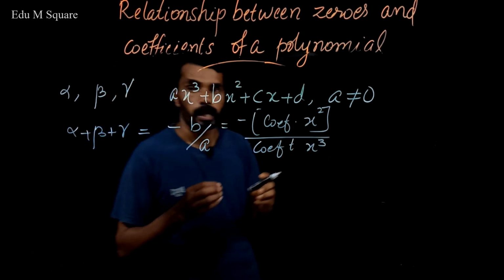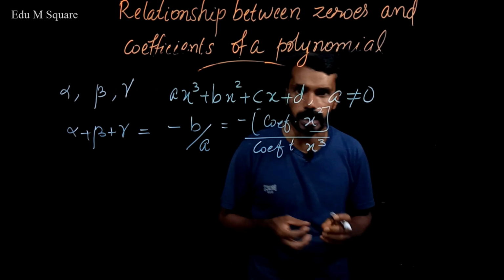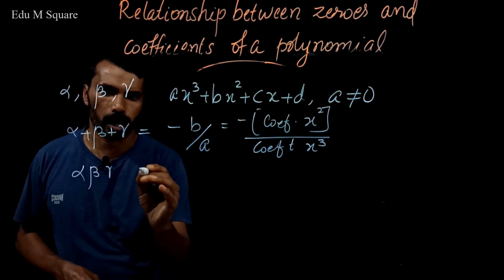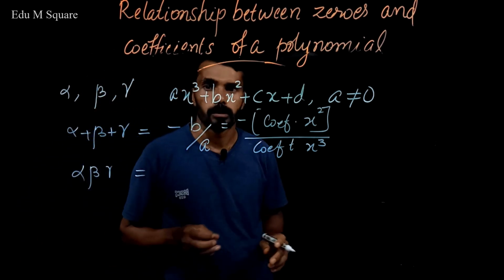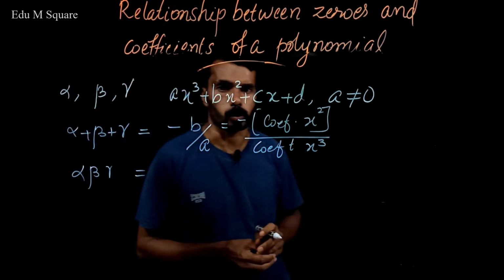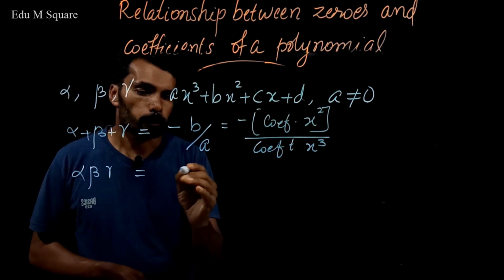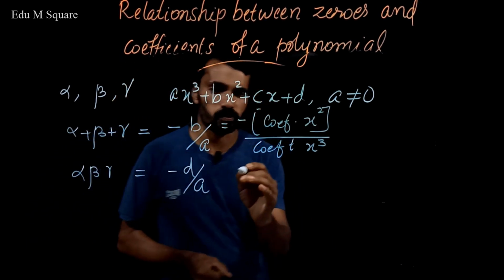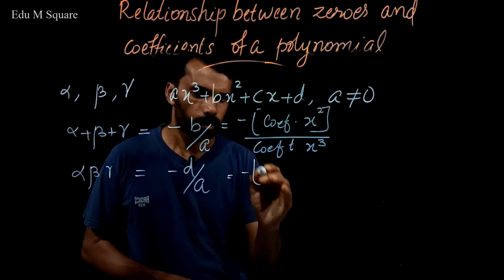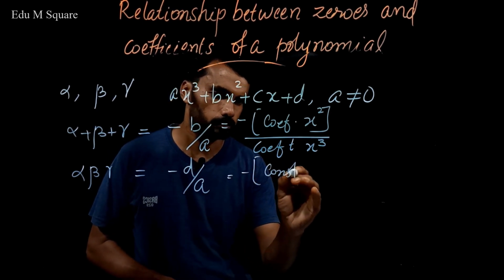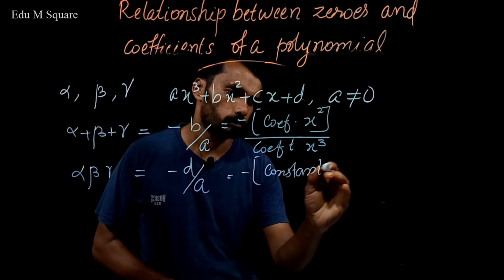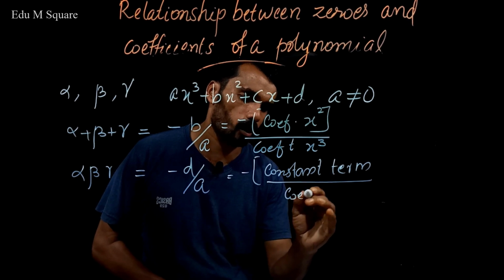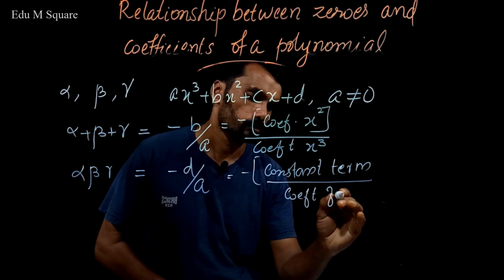Second relation, their product, that is alpha into beta into gamma, the product of the zeros, is equal to minus d by a, that is minus of the constant term divided by the coefficient of x cube.